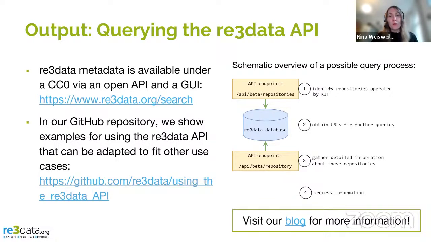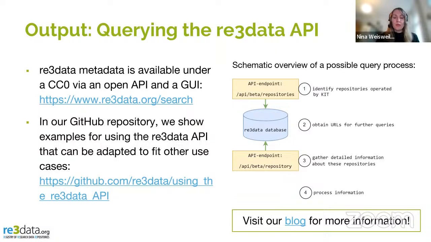And within the project, we created a few example use cases that can be accessed via our GitHub repository. There you can check out how you could extract information for what purposes, and you can adapt them to other use cases. They are currently implemented in R and in Python.